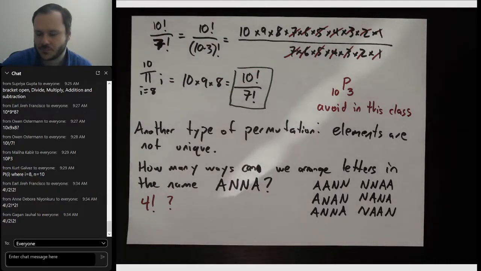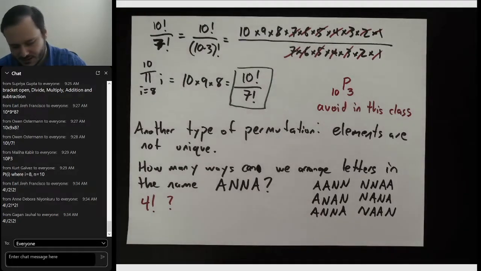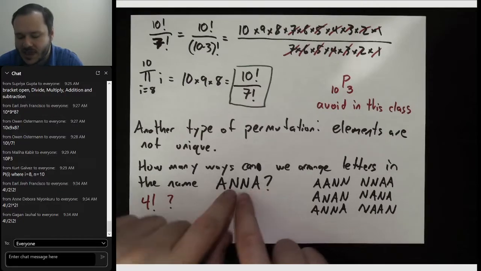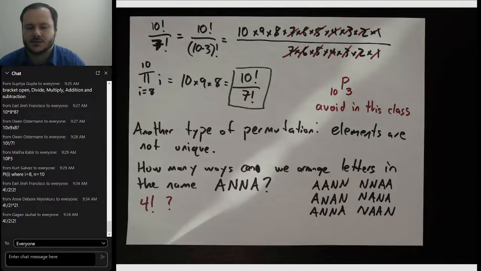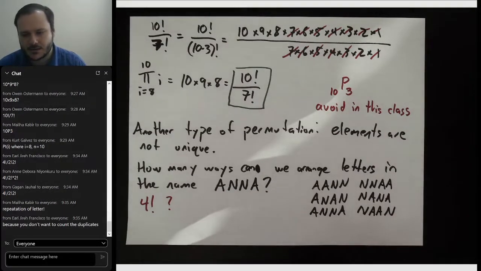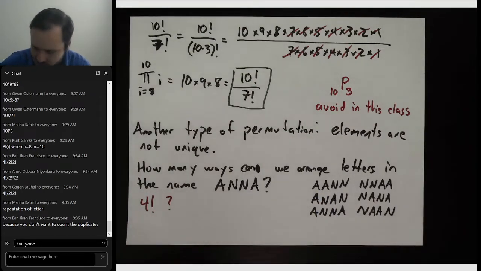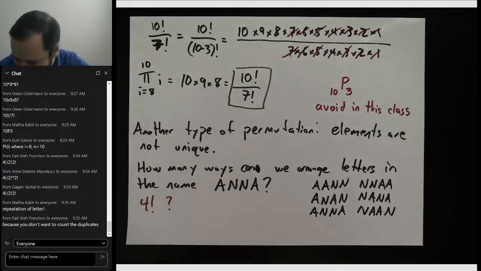I'm missing some. And the thing that I'm missing is that the two A's and the two N's are the same. So every time I'm looking at one of these, each one of these secretly corresponds to 4 different options.